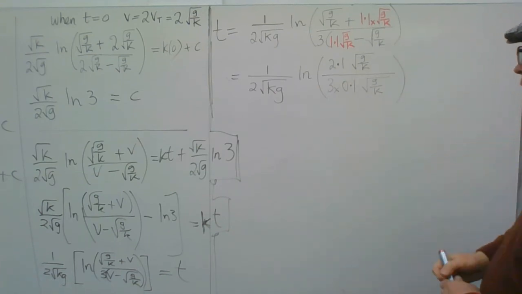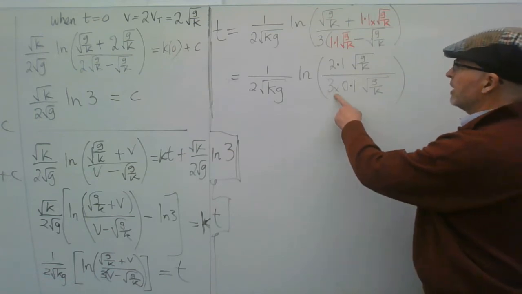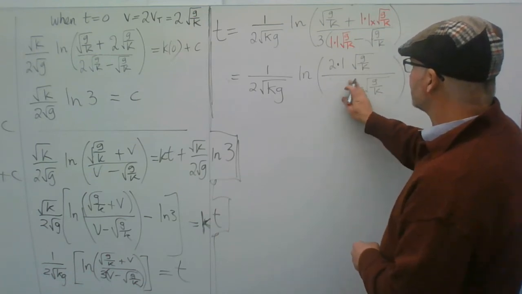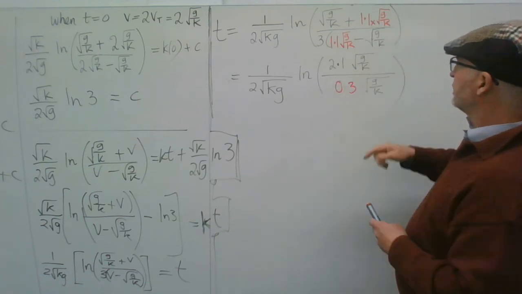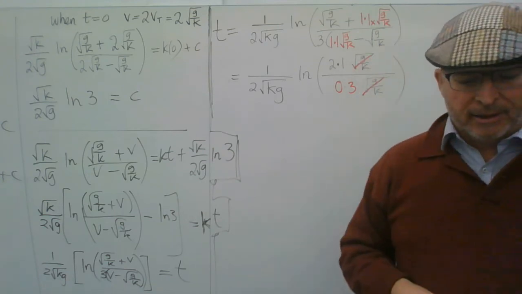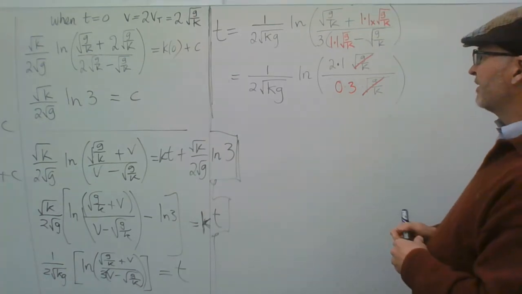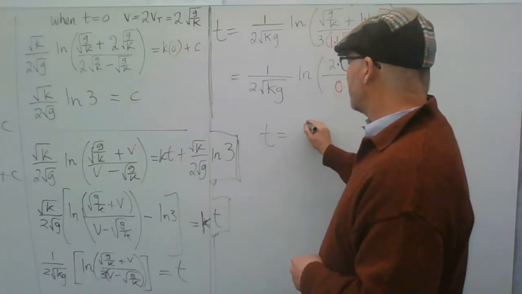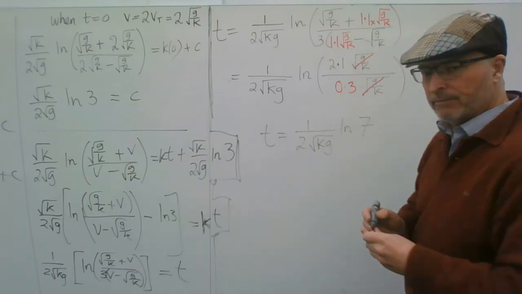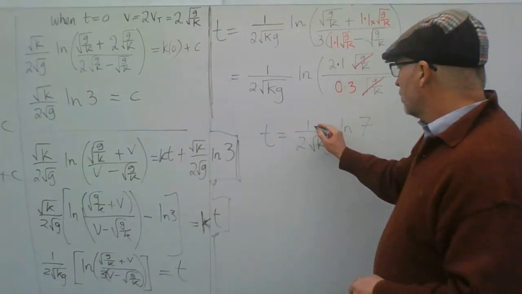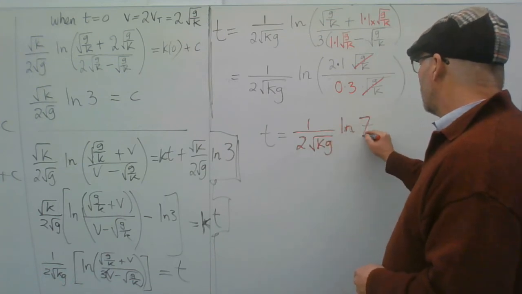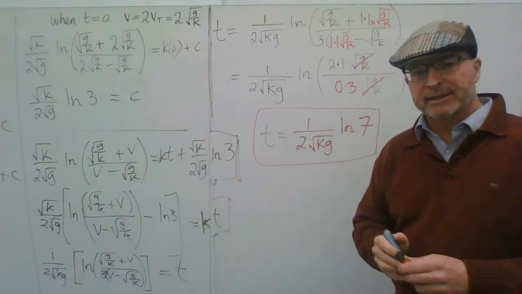All right, so 2.1 of them, and what's 3 times 0.1? Well, 0.3, so I can change that to 0.3, and these will cancel, and what's 2.1 on 0.3? Well, that's the same as 21 on 3, that's 7. So my answer is that t is 1 on 2 root kg, natural log of 7. That's how long it takes.